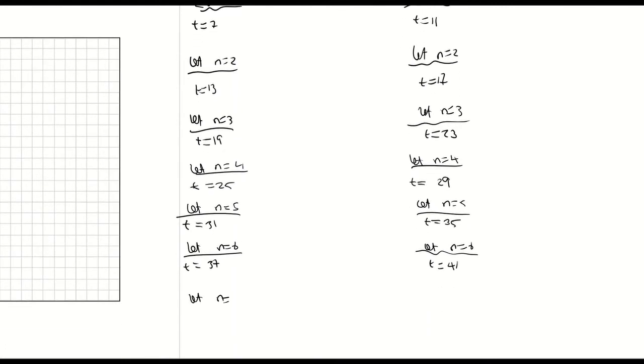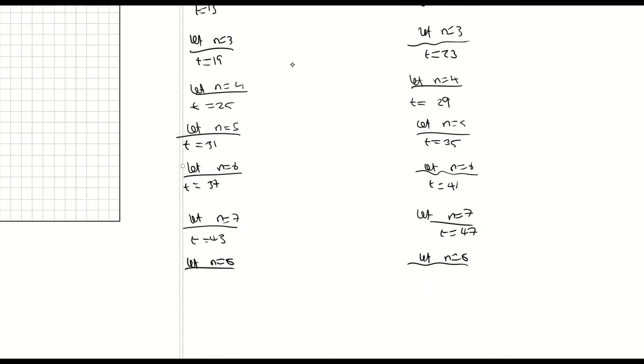Let n is equal to 7, t is equal to 43, and t is equal to 47. And I'm going to go one more time. I let n is equal to 8, and I'm getting t is equal to 49, t is equal to 53.